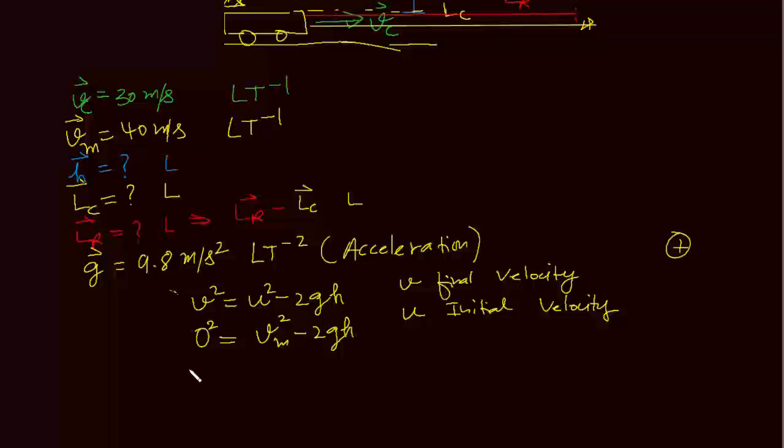So H will be Vm square divided by 2G. So we have this symbol, and this was our question number 1.